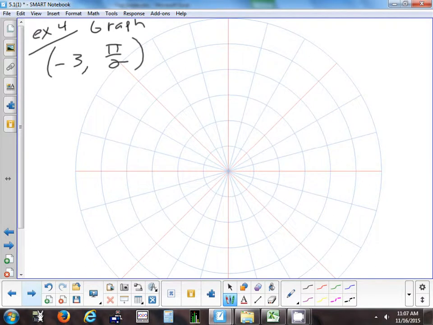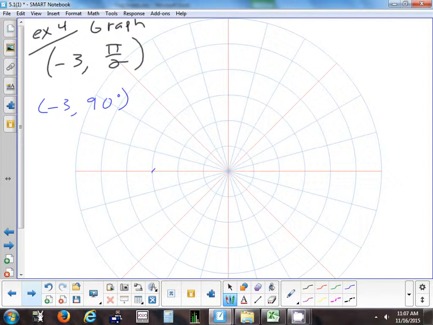All right, negative 3 pi over 2. Zach, just to make that a little easier, can you tell me what pi over 2 is in degrees? 90. Yep, 90. So Analia, what are we going to do for our radius this time? Go to the left. Yeah, this time we're going to go left 3.